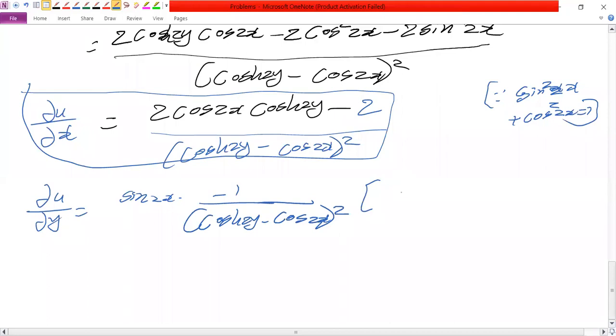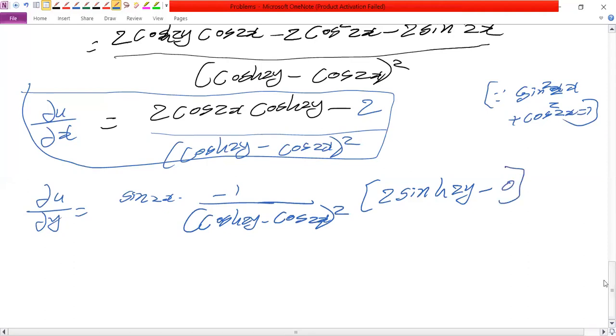What is the differentiation of cosh 2y? Differentiation of hyperbolic cosh. What is the differentiation of cosh? It will be sinh or minus sinh. Sinh, sir. Plus sinh only. So plus sinh 2y minus the differentiation of cos 2x with respect to y partially, which is 0.